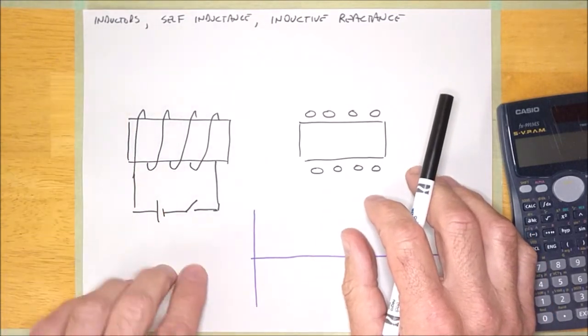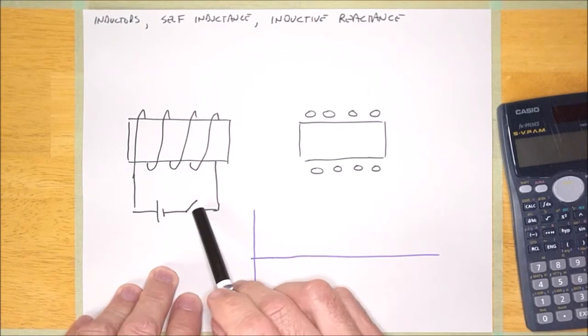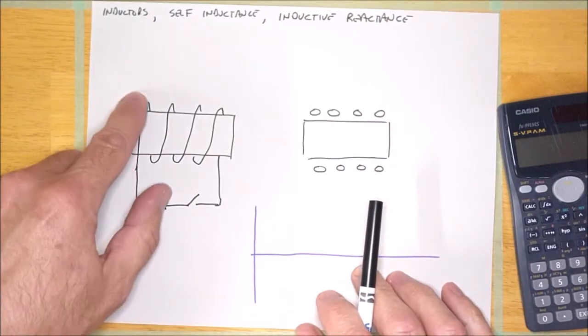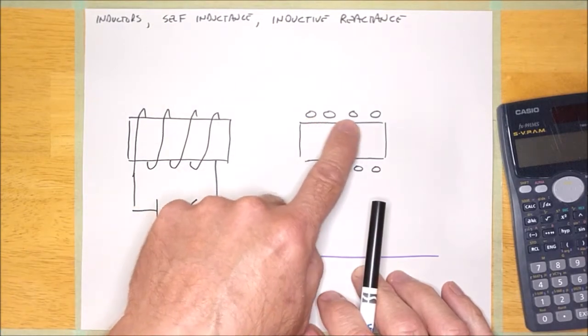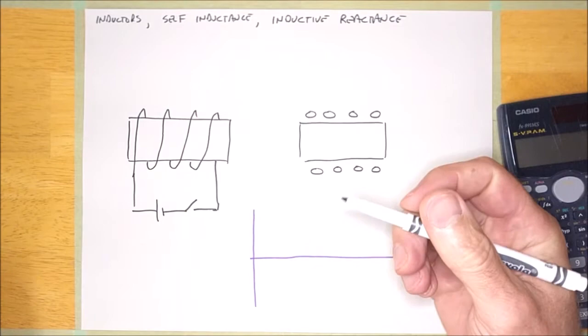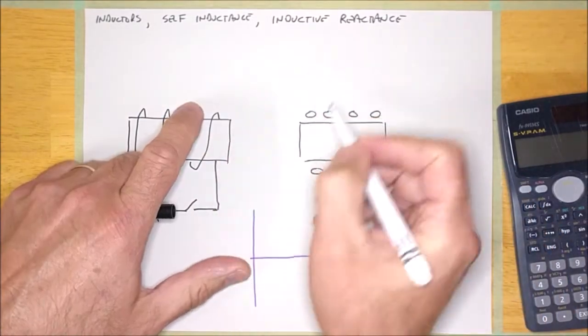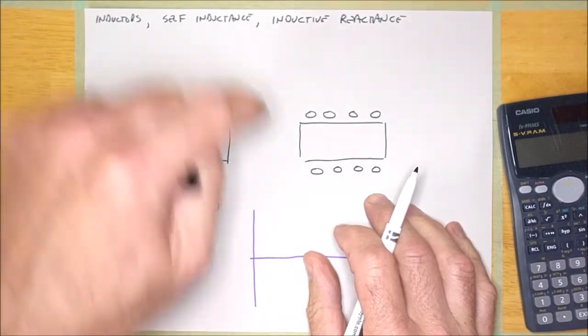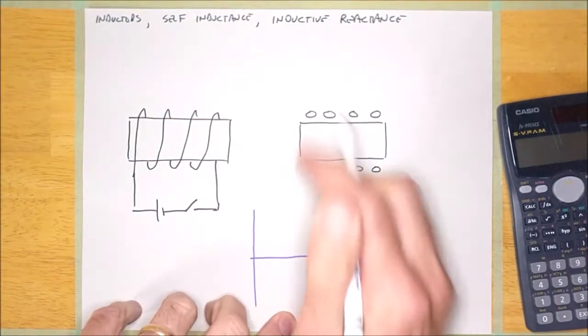If I close this switch and current starts to flow, the first thing I've got to draw is the direction the current is flowing in these conductors. If you recall from level 2, I can draw a cross or a dot in these conductors based on whether the current is flowing into or out of the page.